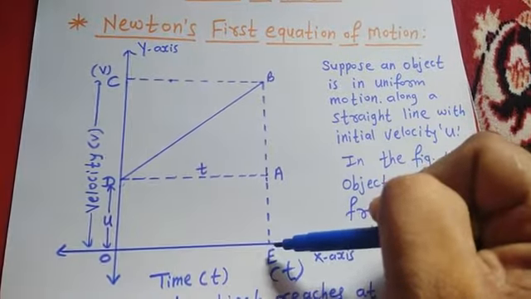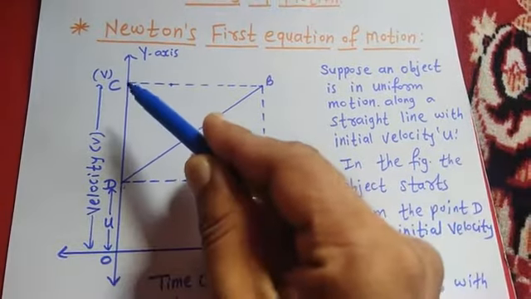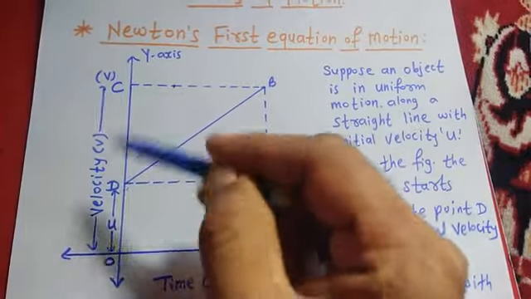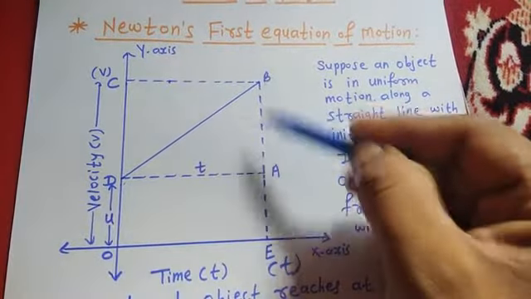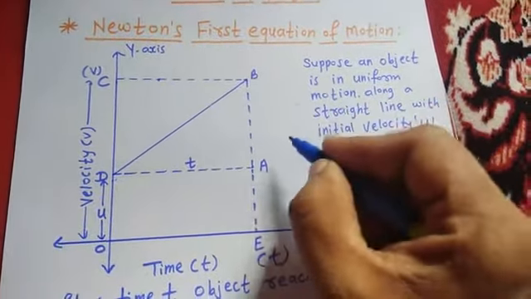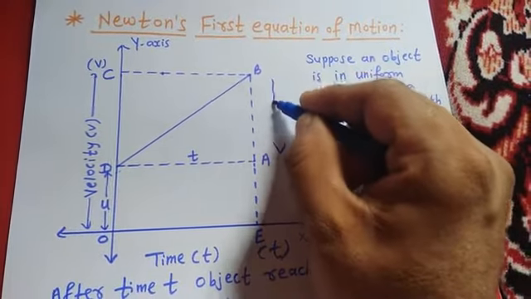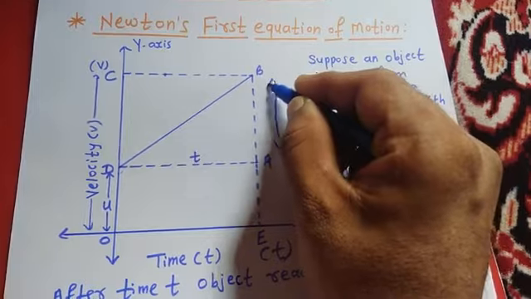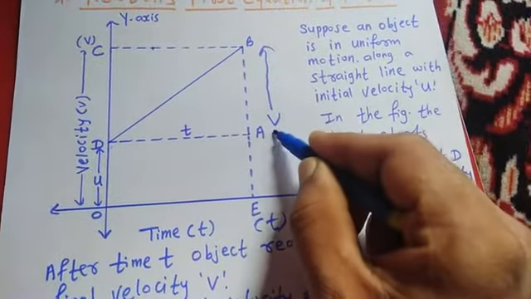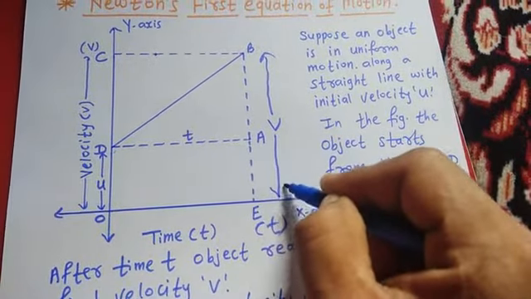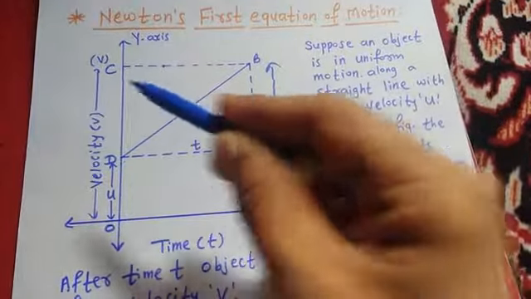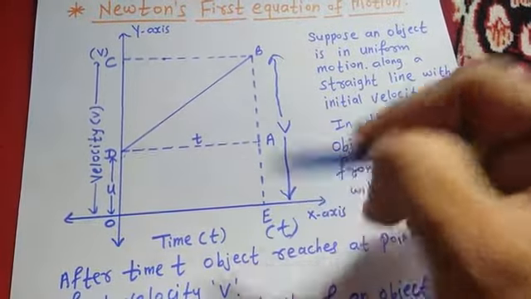This BE is equal to distance OC, where OC is equal to v. Therefore, BE, this distance will also be v, because OC is equal to BE.